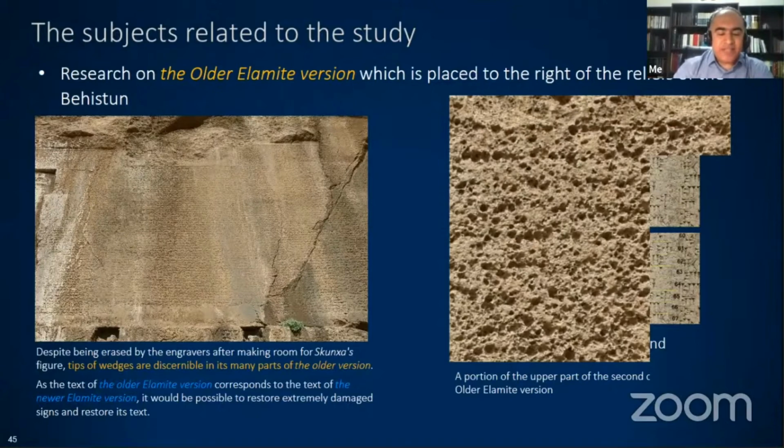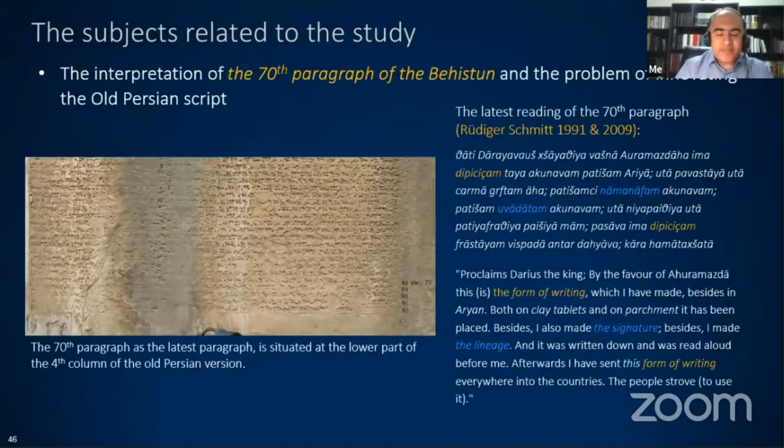The interpretation of the 70th paragraph of the Behistun and the problem of innovating the Old Persian script at the time of Darius or earlier would be one of the main subjects to be researched. The 70th paragraph is situated at the end of the 4th column of the Old Persian version, which is seriously suffering from erosion.